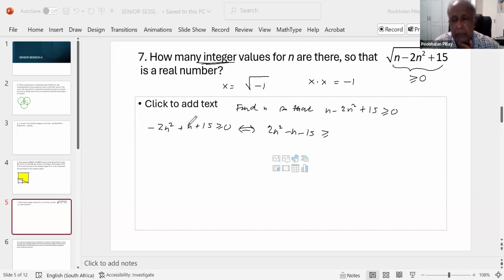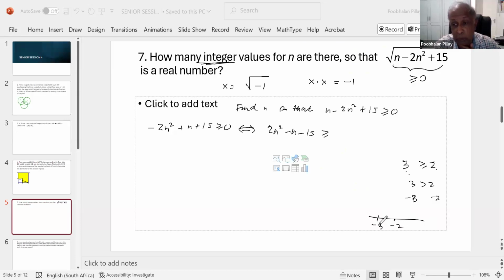A very important fact: whenever you've got an inequality and you multiply it by a negative on both sides, the inequality changes. Like 3 is greater than 2. If you multiply by -1, you don't have -3 is greater than -2, because -3 on the number line is to the left of -2.